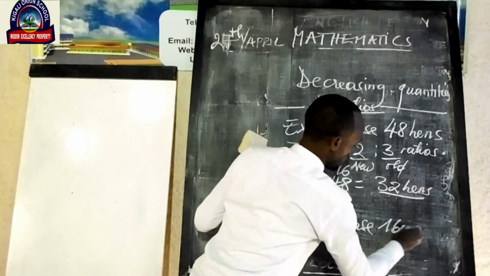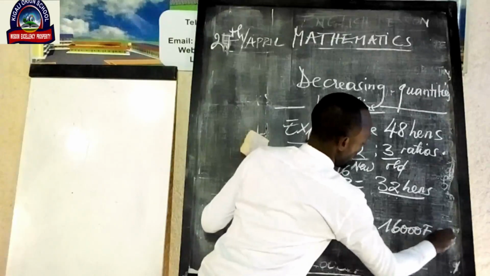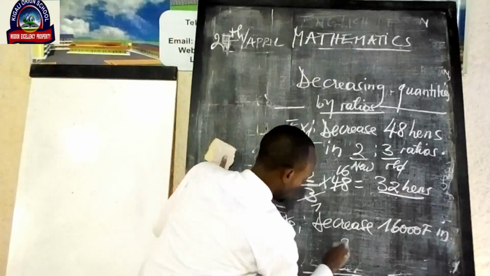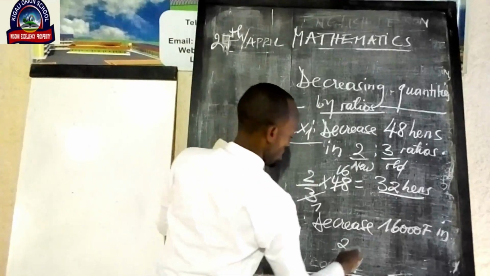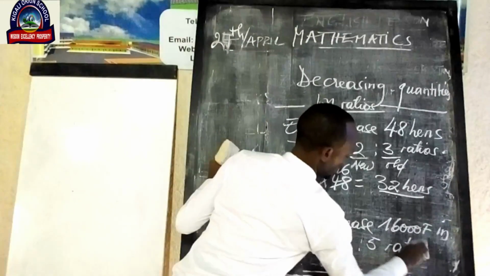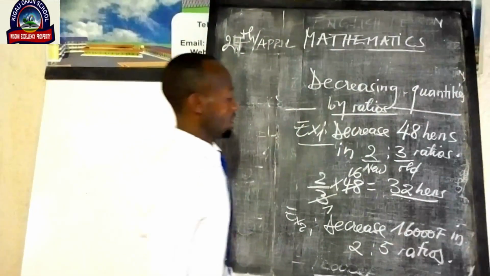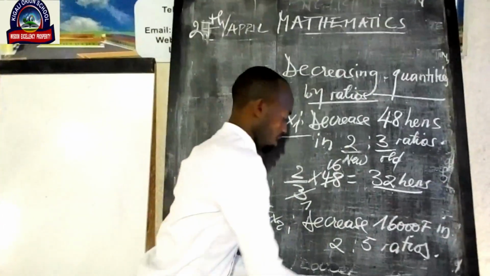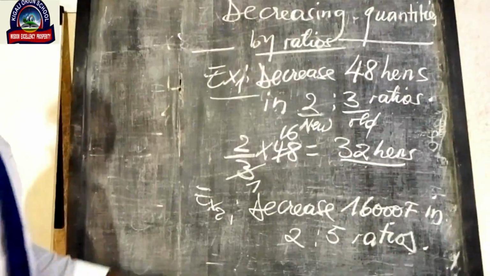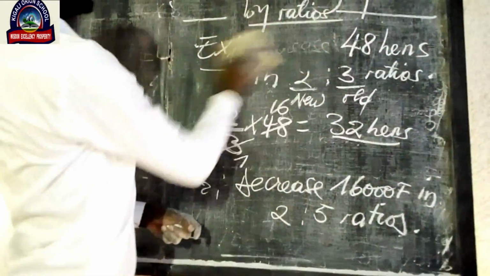16,000 francs in 2:5 ratios. There, we are going to do this as we have done before.